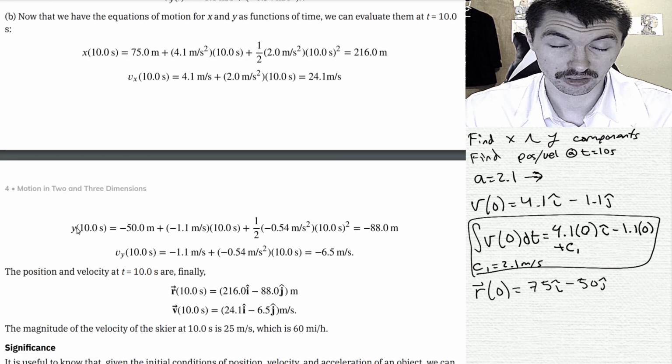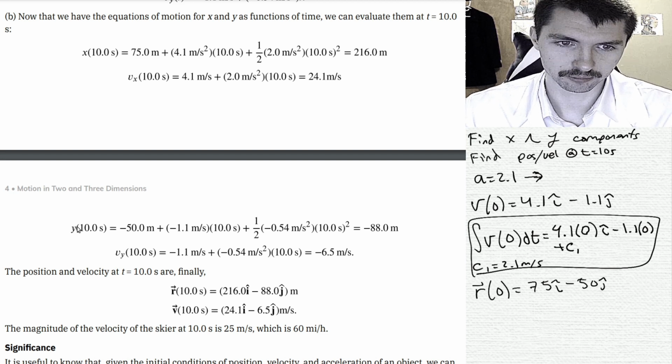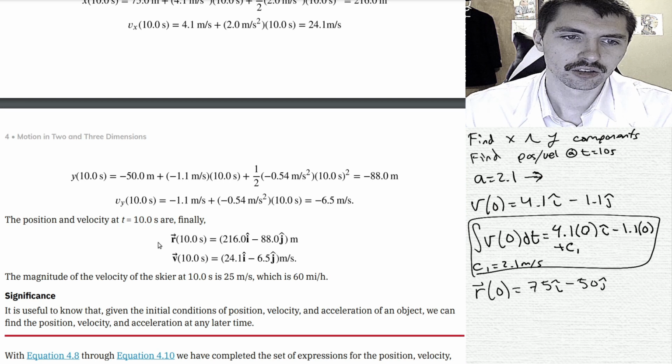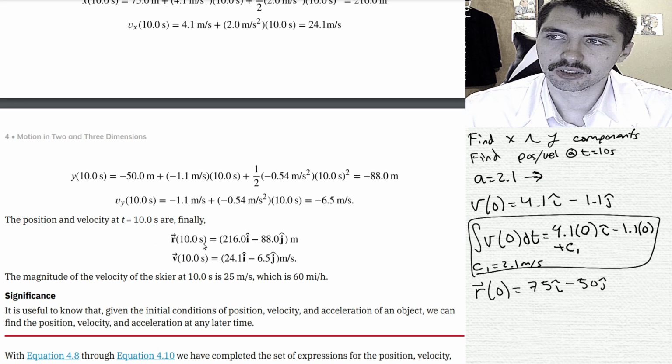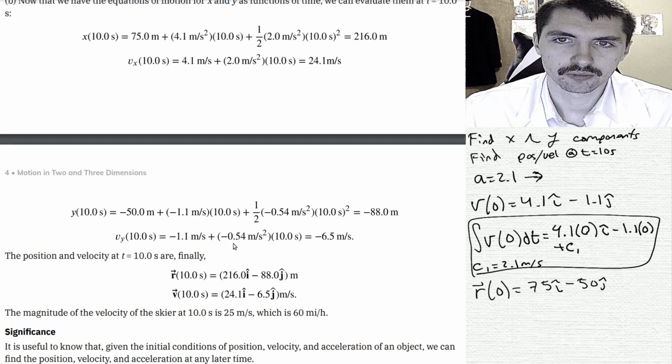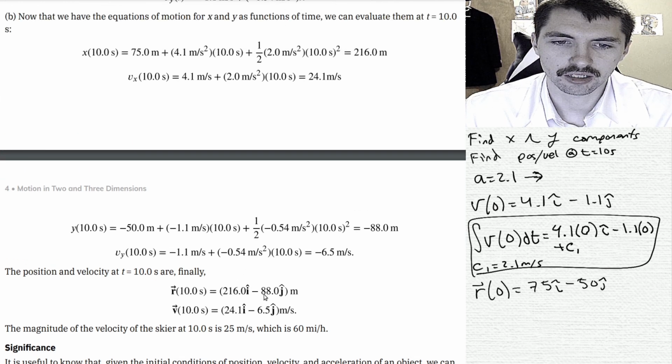So the position of her altitude, or y, at 10 seconds is -88. How fast she's moving in the y direction is -6.5. So they put this together into 216 minus 88. So they match the positions, then they match the velocities, 24 minus 6.5.